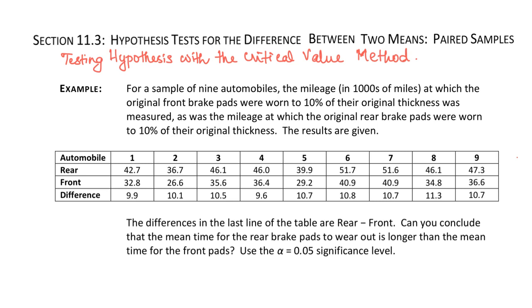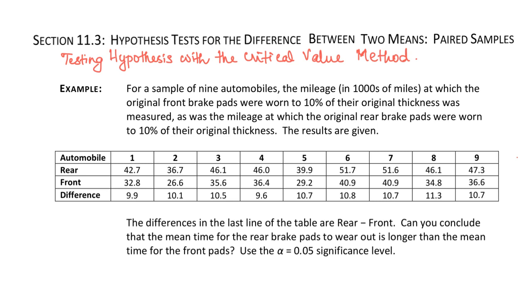For a sample of 9 automobiles, the mileage at which the original front brake pads were worn to 10% of their original thickness was measured, as was the mileage at which the original rear brake pads were worn to 10% of their original thickness.